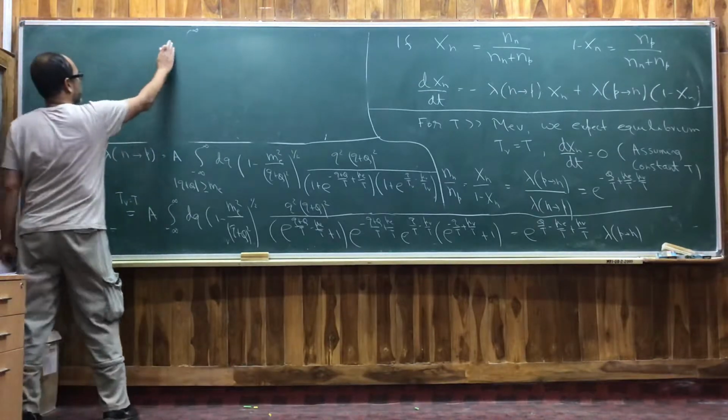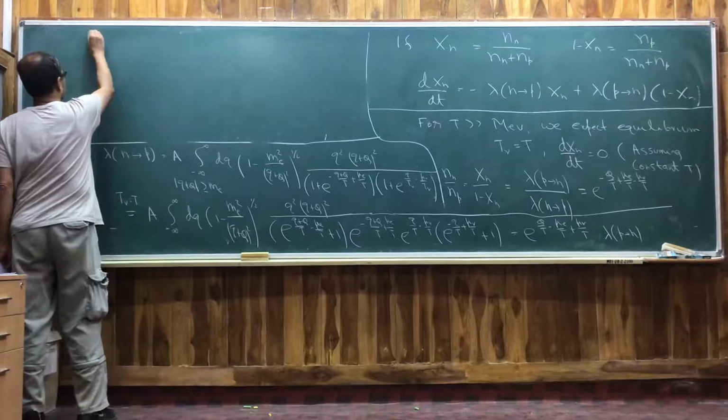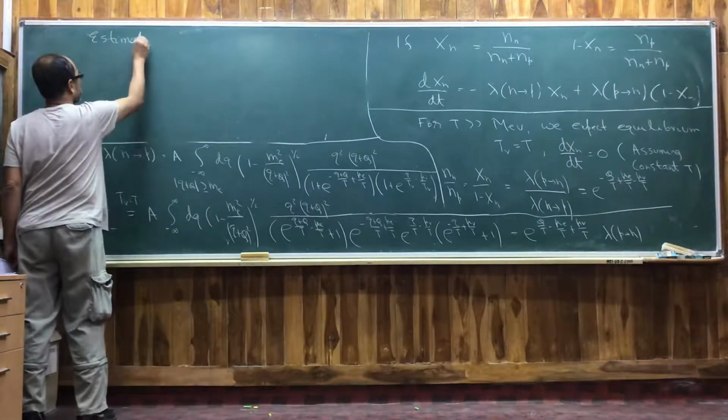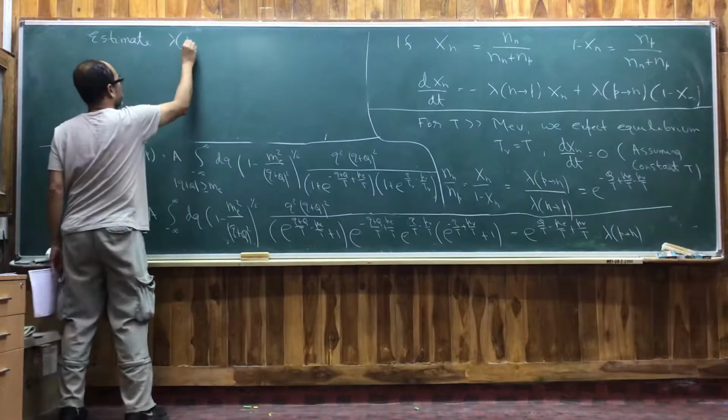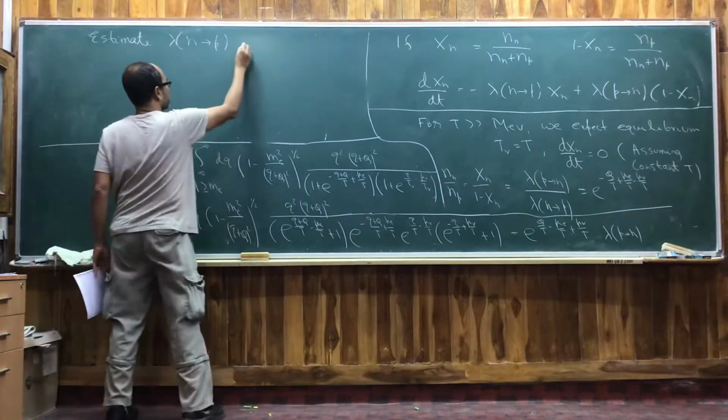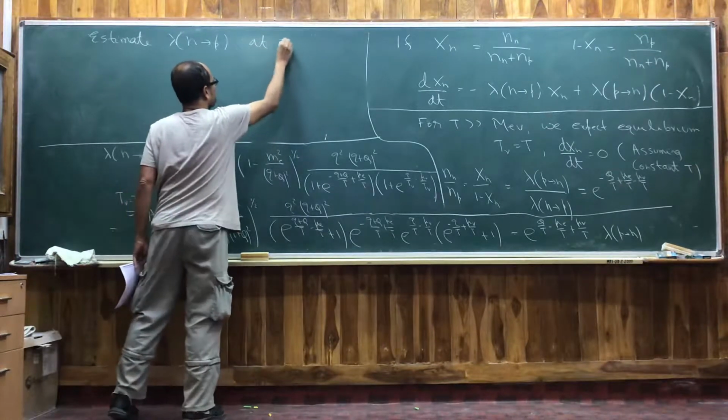So to get a crude estimate, let's estimate lambda n to p at T of order MeV.